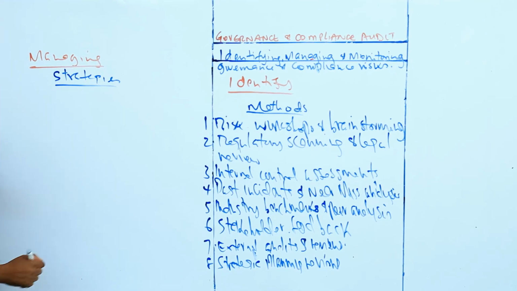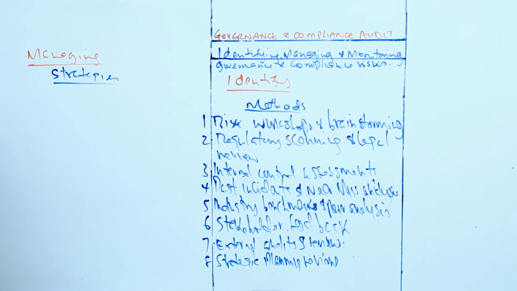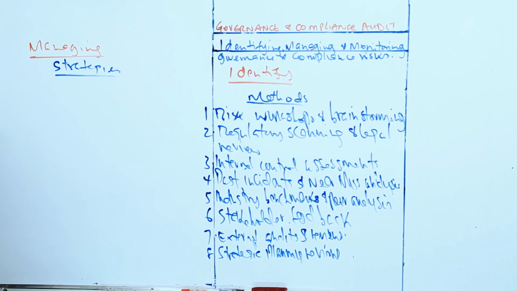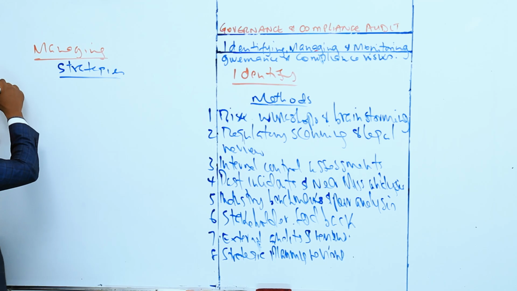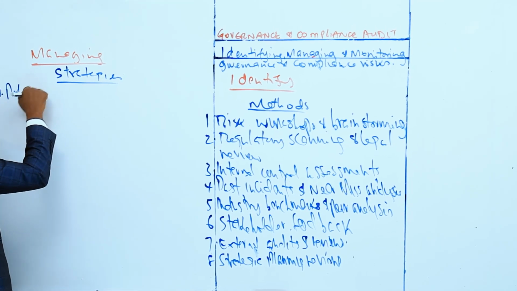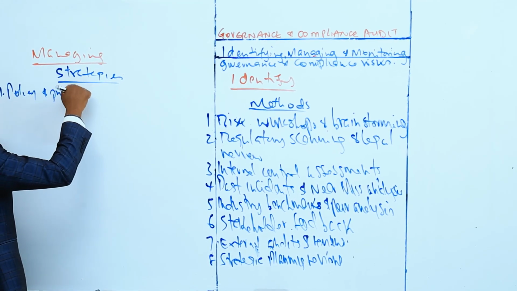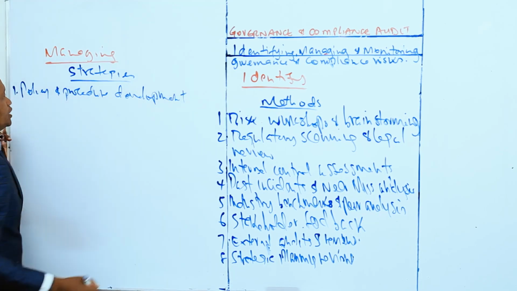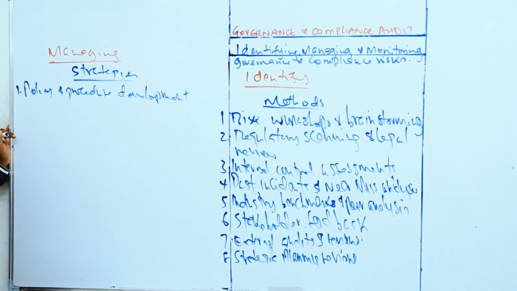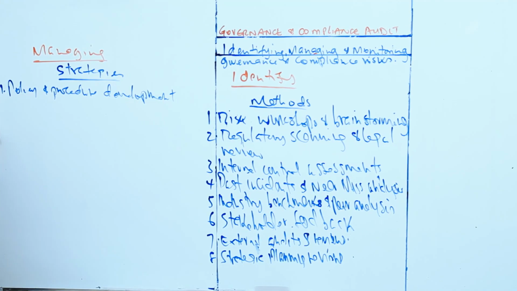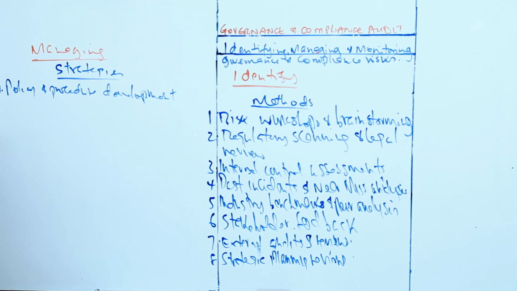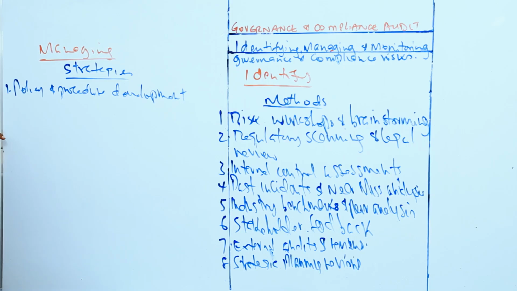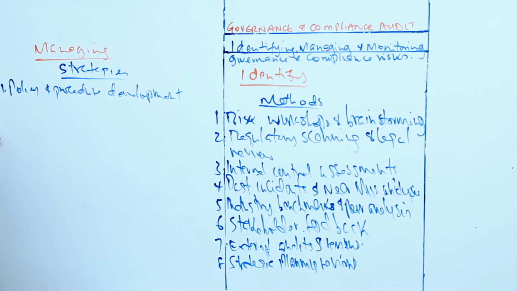Now, the strategies that can be used to manage governance and compliance risks include policy and procedure development. That means establishing clear, comprehensive, and up-to-date policies, procedures, and guidelines that articulate the organization's stance on governance and compliance.